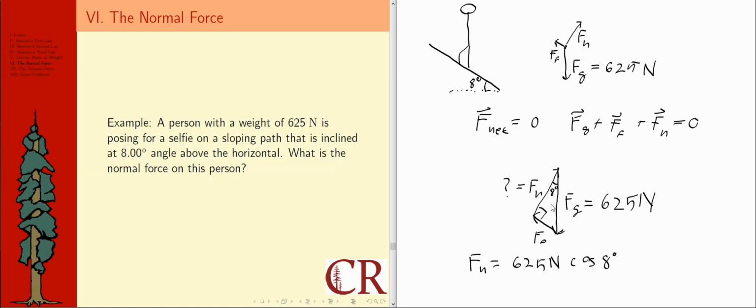And I know it's got to be the cosine because the normal force is adjacent to the angle of 8 degrees, and 625 newtons represents the hypotenuse in this force triangle. So if I take hypotenuse times the cosine of 8, I should get the magnitude of the adjacent side, which in this case will give me something in newtons, because this triangle really represents forces rather than actual geometry that exists in the world, visibly.